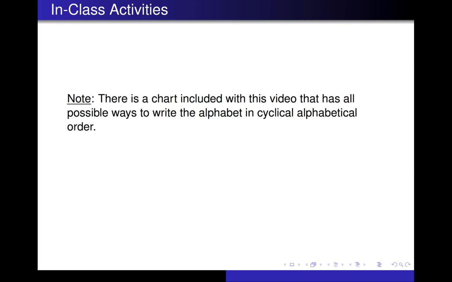And so what you can do there is it makes it a lot easier to encrypt and decrypt, because all you have to do is, if let's say your letter's an L, you go down to the row that starts with an L, and that gives you your alphabet right away that you can use as your key for that particular letter.